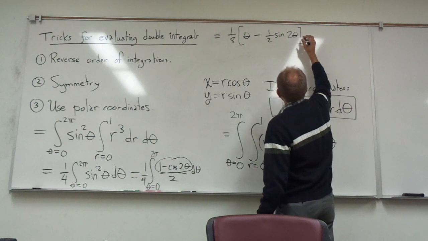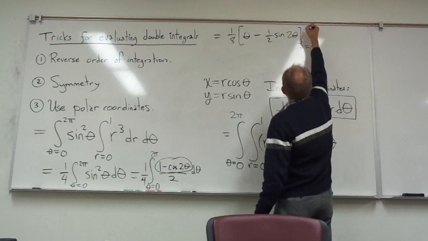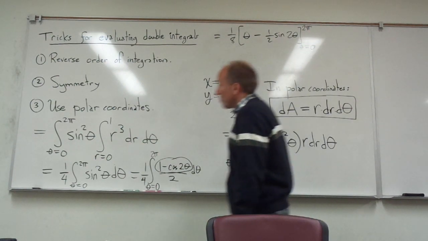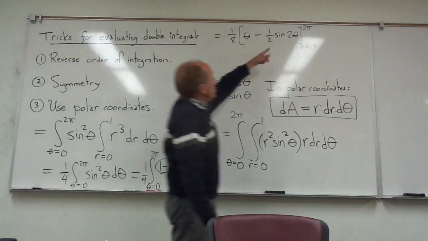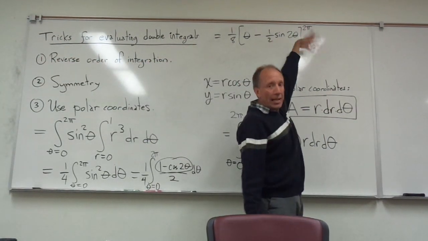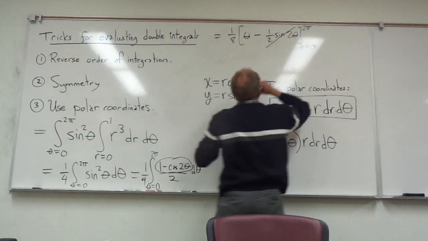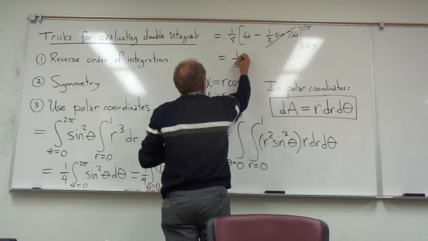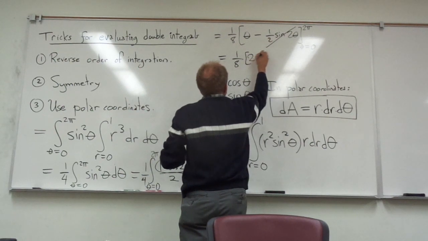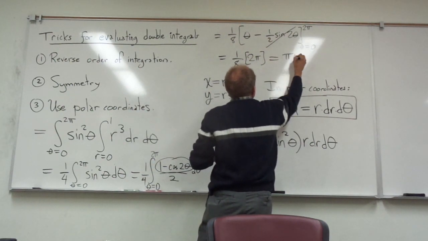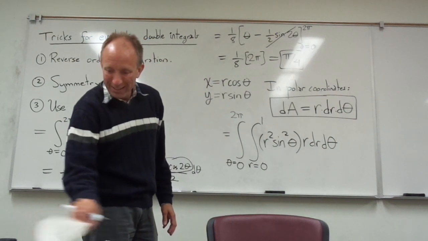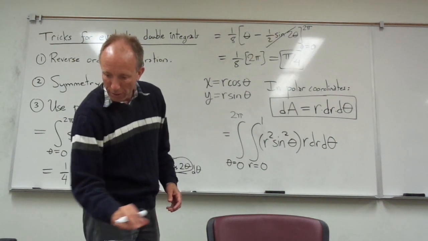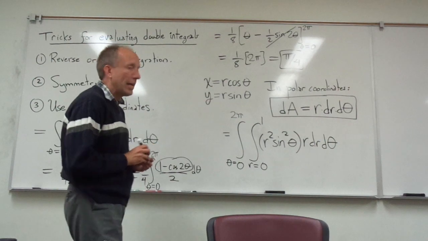I did a little u substitution there, nothing too crazy. Then I evaluate from 0 to 2 pi. The sine of any multiple of pi is just 0, so this part goes away. I'm just going to get 1/8 of 2 pi. In other words, my answer is just pi over 4. So that is the answer.